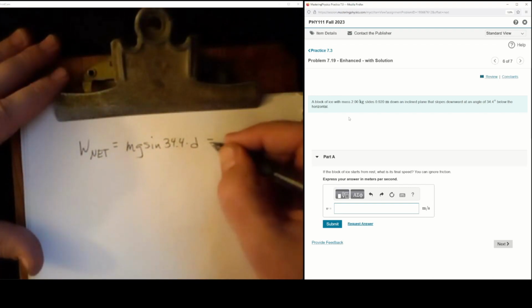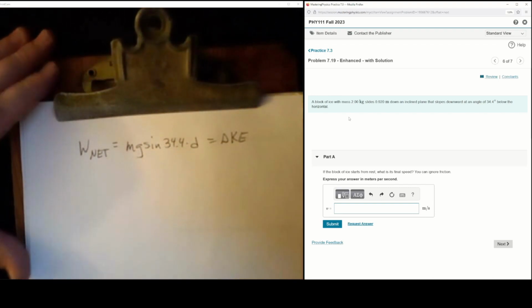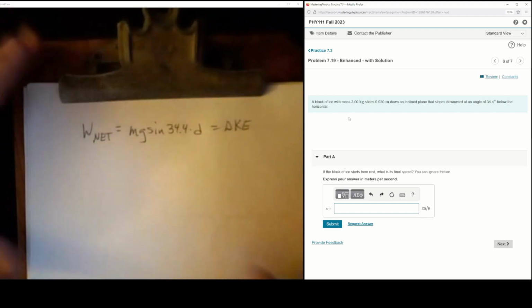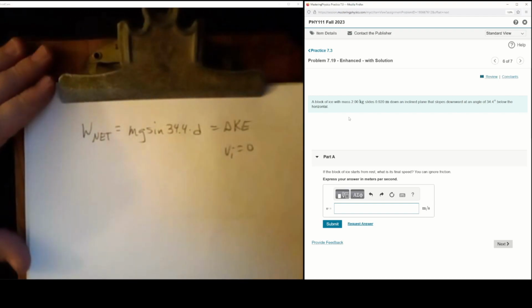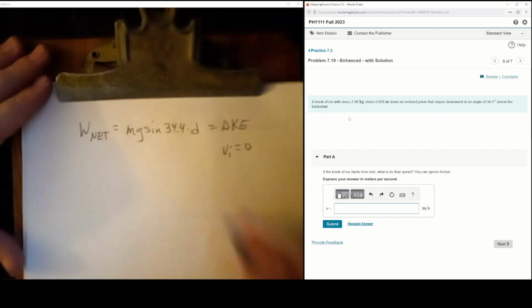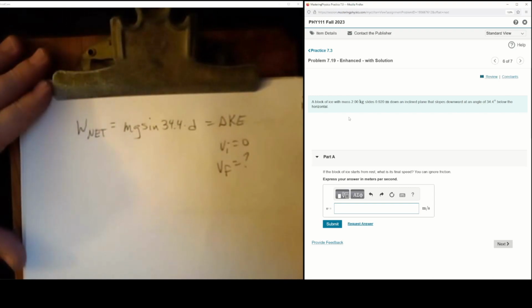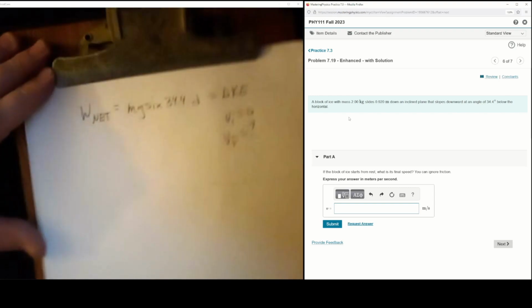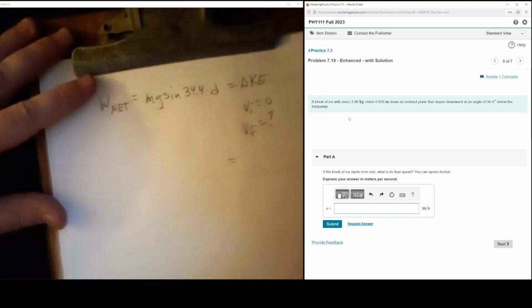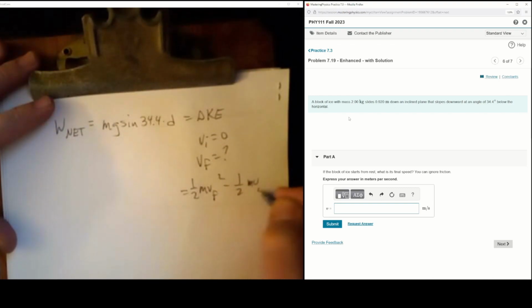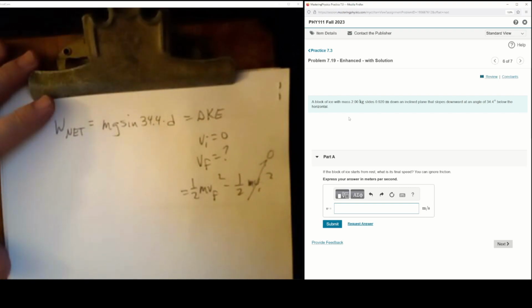Remember, work also equals change in kinetic energy. So the block starts from rest and then achieves some final velocity, which is what they're actually asking us to solve for. So change in kinetic energy is, again, final minus initial. We know the initial is 0 because it's at rest. And so the only change is 1/2 mv final squared.